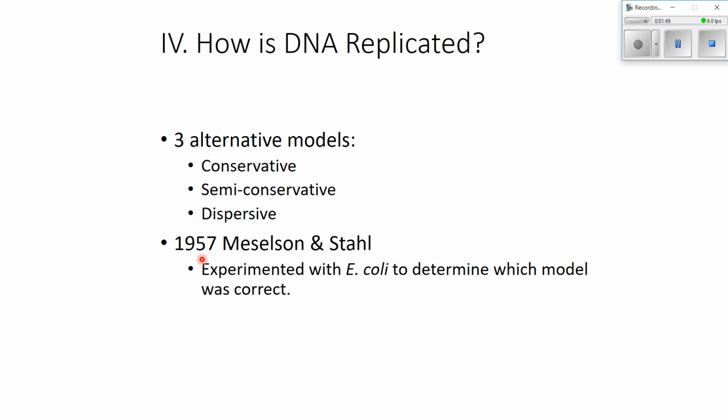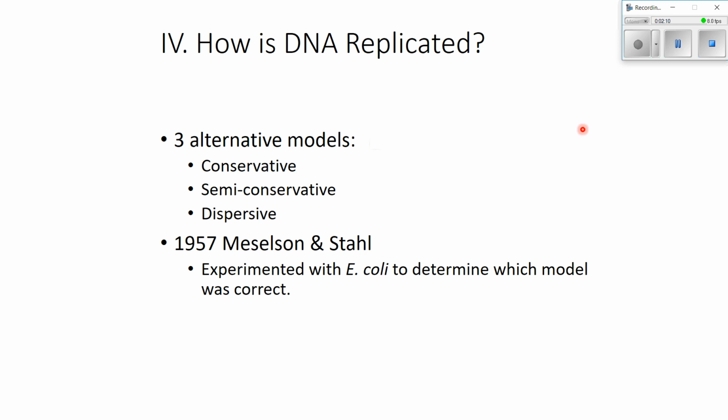Until 1957, when Matthew Meselson and Franklin Stahl came up with a way once and for all to prove two of these models to be incorrect. And they were able to prove that one of the three models is in fact the correct model.